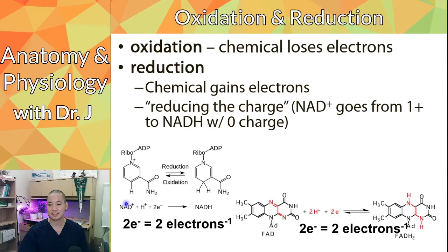This is why it goes from positive to neutral. FAD is like, okay, why doesn't it become FAD -2? It also incorporates some protons, and protons have their own charge as well. So the protons and electrons cancel each other out. This is why with FADH₂, even though it's gaining electrons, there's no overall change as it goes from FAD to FADH₂.